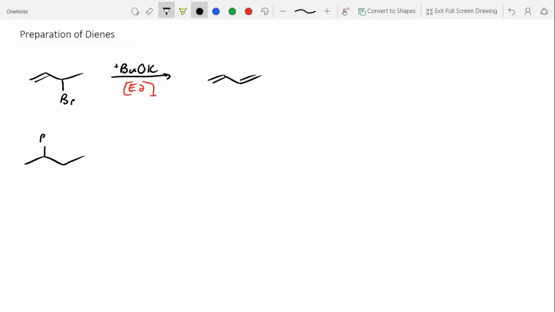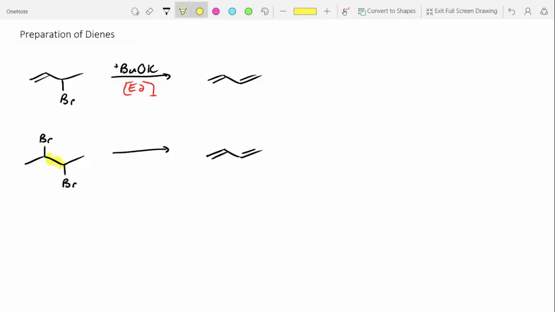So it's pretty simple to make these just through elimination reactions. What about if we want to make the same diene from this dihalide? Can I use something like sodium hydride? Why not? Yeah, remember, if we use a small base, we would end up forming our double bond in the more substituted position.